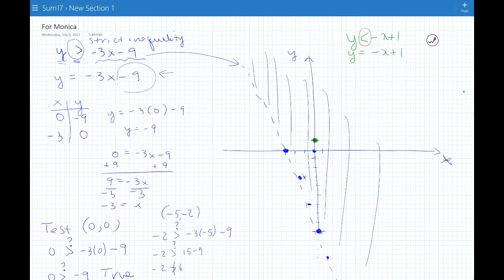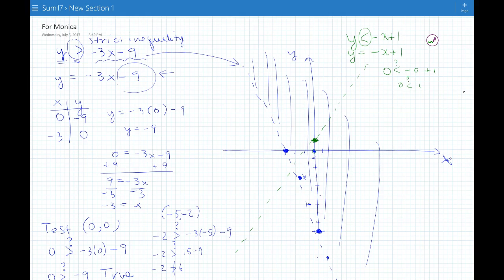And again, we have the strict inequality. So that means we need the dashed line to divide between true and false, because the points on the line don't make the inequality true, so they're not included in the solution set. Okay, then again, we can either use the point 0, 0 as a test point. So we could say, is 0 smaller than 1?